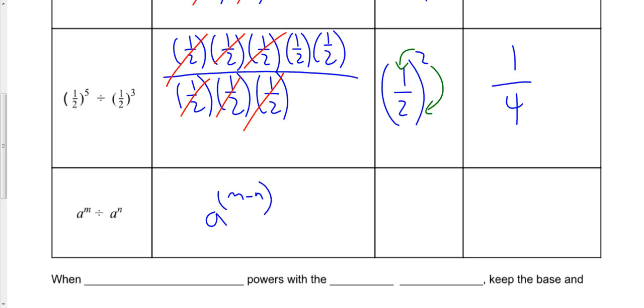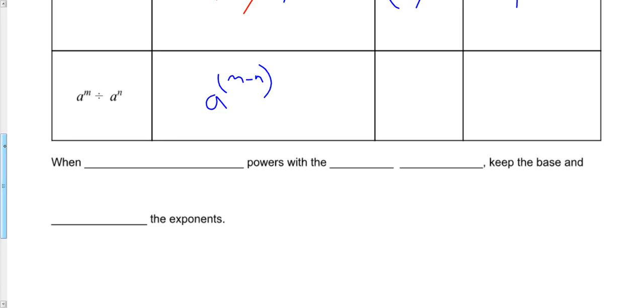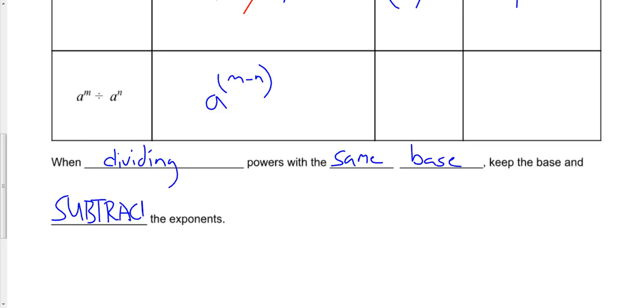So when dividing powers with, again, the same base, you keep the base the same and you subtract. Okay, so you subtract the exponents.